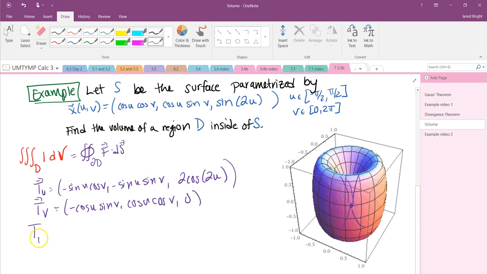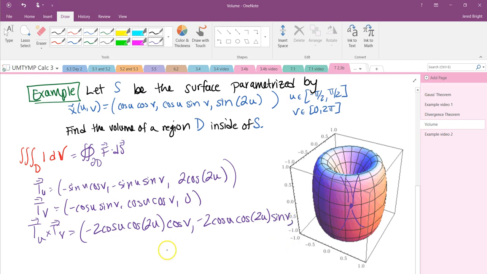And then we're going to have to cross them to get the normal vector. Tu cross tv is equal to, oh boy, -2 cos u cos 2u cos v, that's just the first component, then -2 cos u cos 2u sin v, and then -sin u cos u.